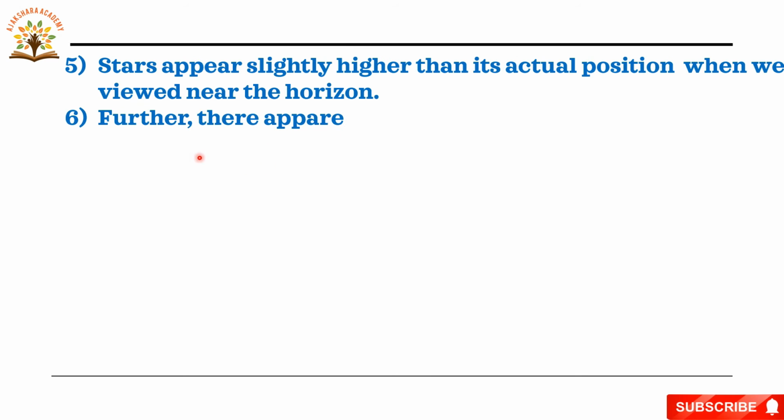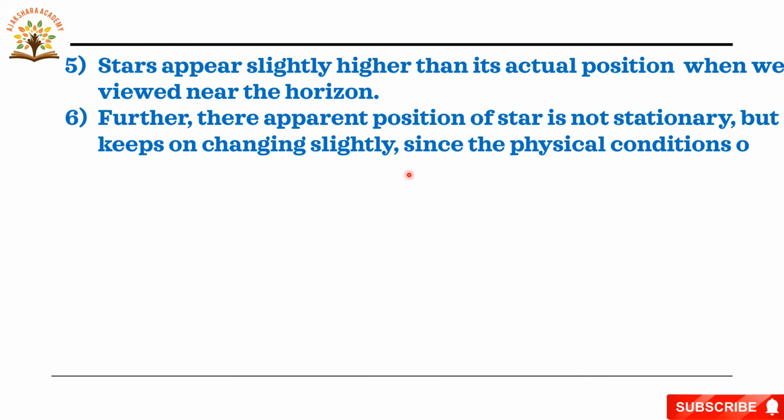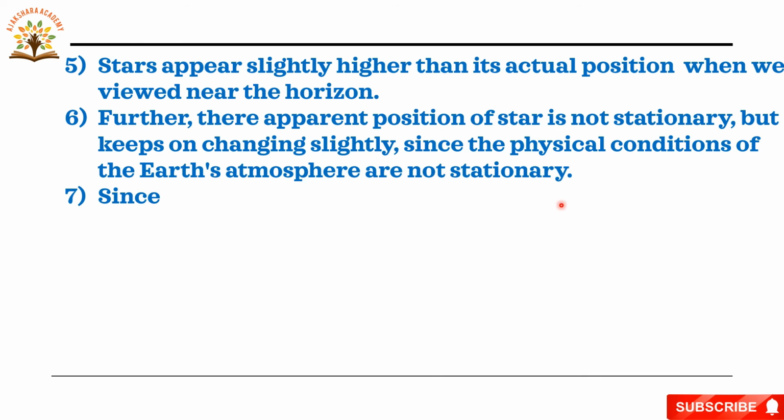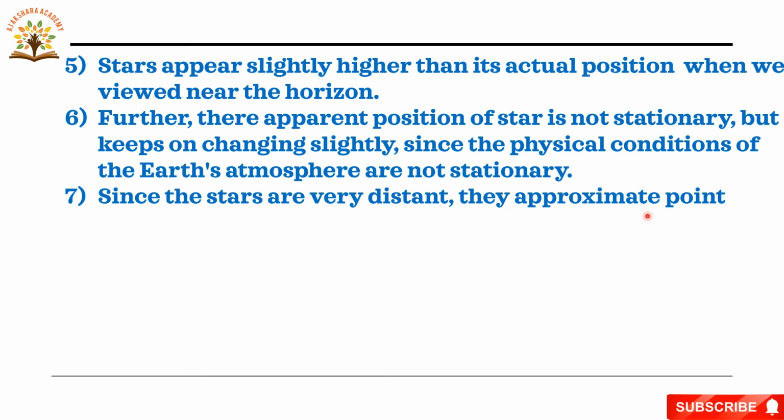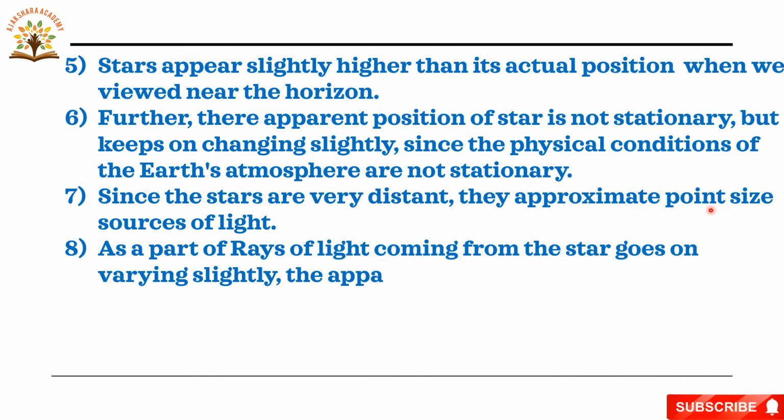Further, the apparent position of the star is not stationary but keeps changing slightly. Why? Because the physical conditions of the Earth's atmosphere are not stationary. Since the stars are very distant, they approximate a point-sized source of light.